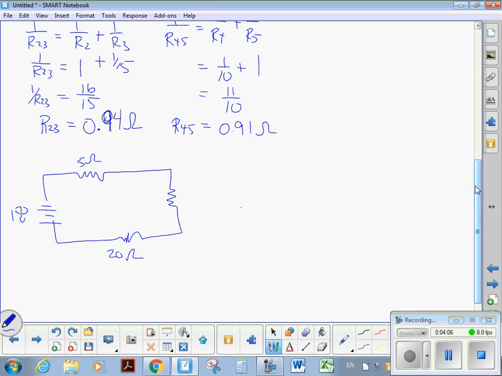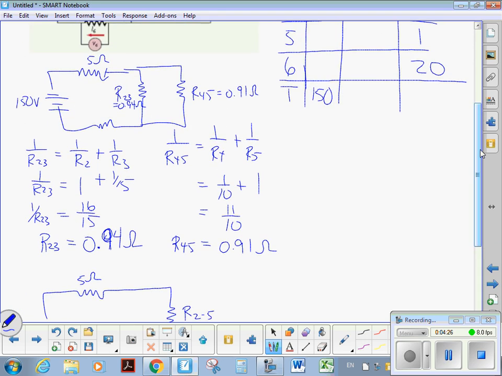This circuit here, now it's getting a little crazy. I'm not going to call it 2, 3, 4, 5. Let's call it resistor 2, 5. We want to find the resistance of the resistors put together, 2, 3, 4, and 5. Now in this picture right here, they are in parallel, so we have to treat them in parallel.